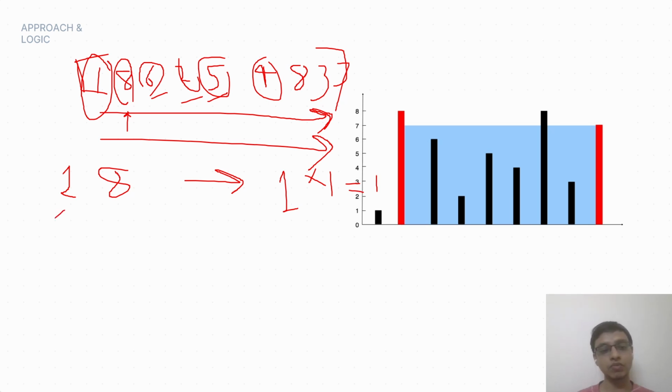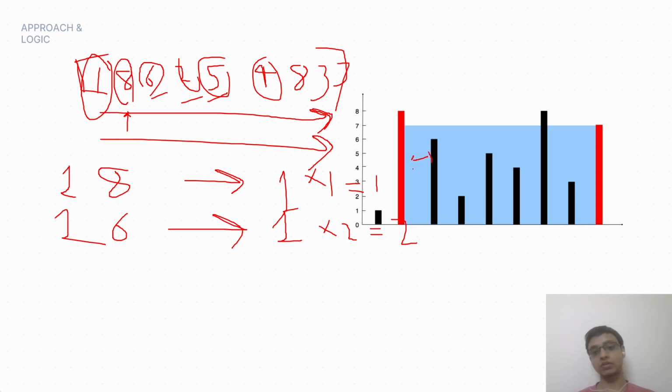Then we can check 1 with 6. The similar thing happens, but here the width increases to 2. So width is this distance, you can see. This is the width for the first, and this is the width for the second.